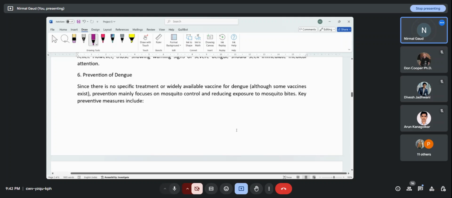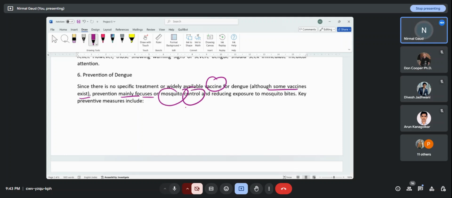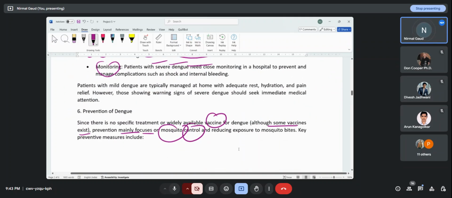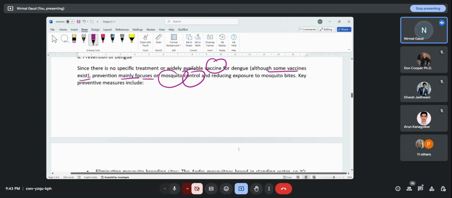Okay. For prevention of dengue, vaccination. Although some vaccine exists, prevention mainly focuses on mosquito control. Why? Because you have already seen the points clearly. Treatment, we don't have anything specific. We can control the mosquito.